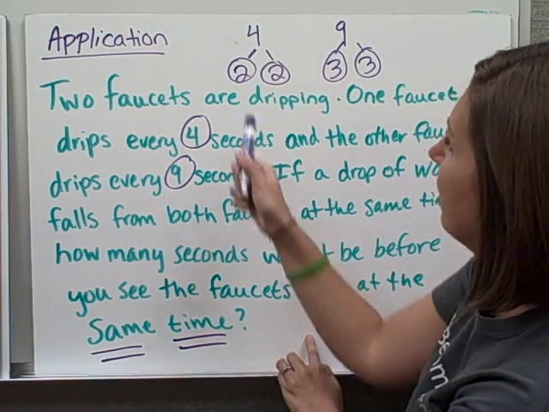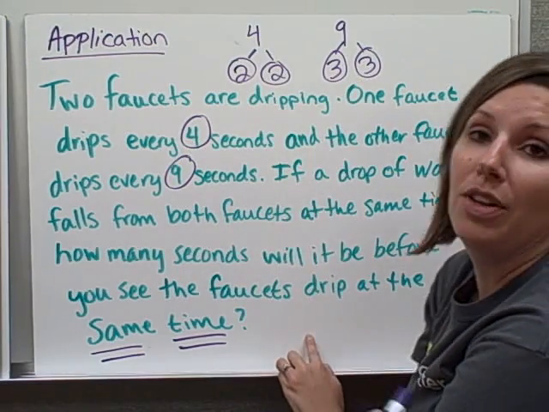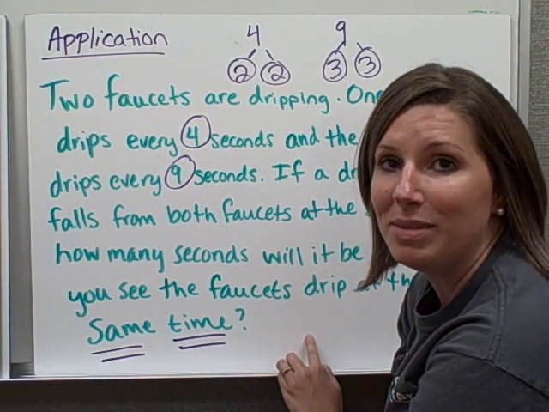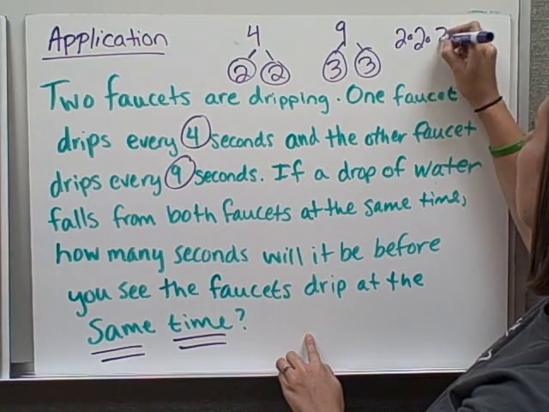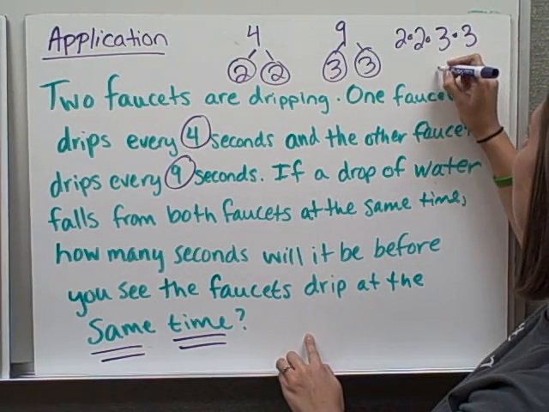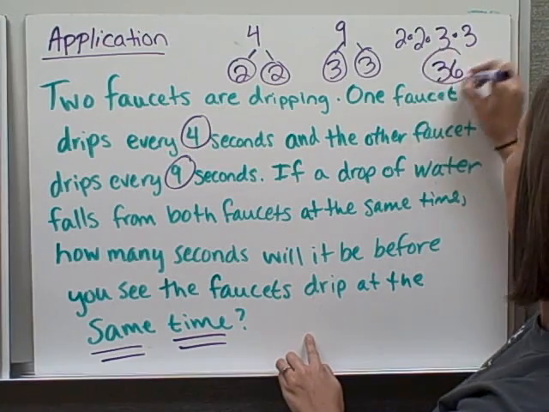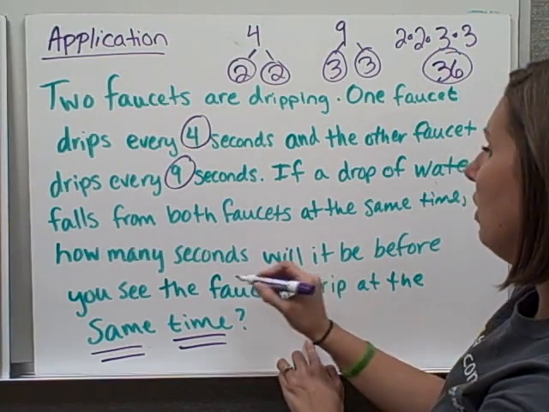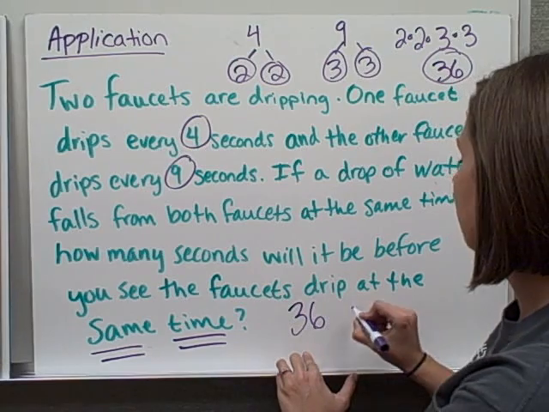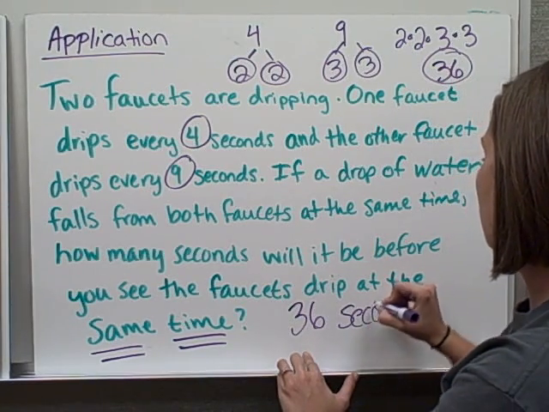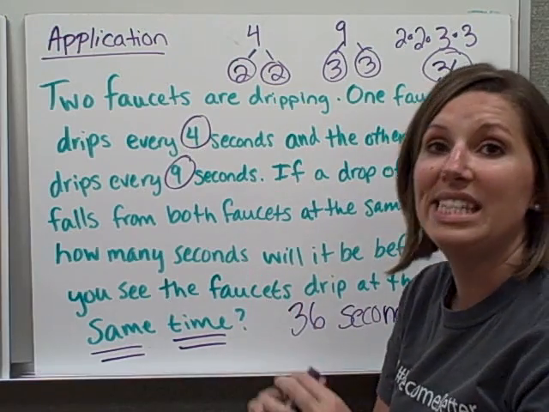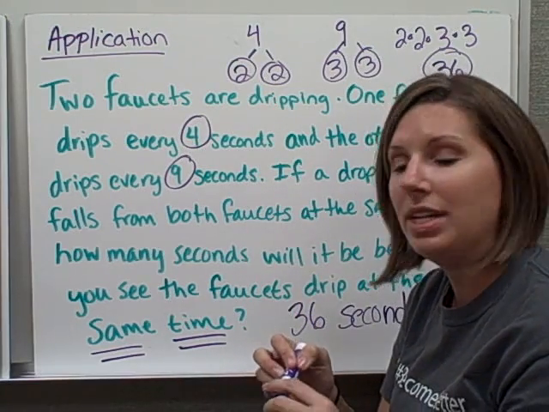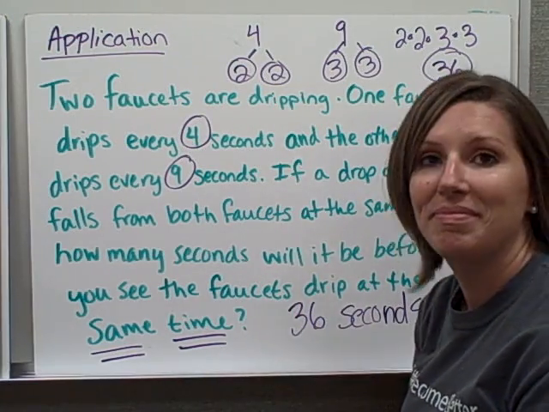So what I'm going to do is I'm going to take each of those numbers and multiply them together. 2 times 2 times 3 times 3, that's 36. So it will be 36 seconds before these two faucets drip at exactly the same time on the 36th second.